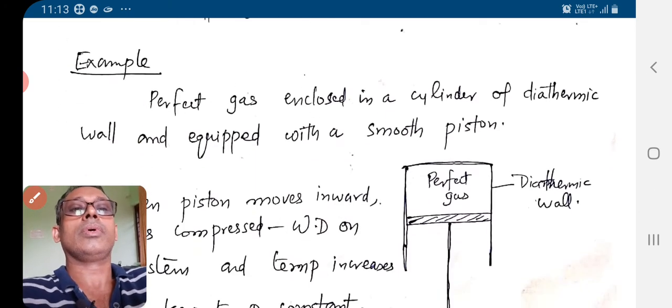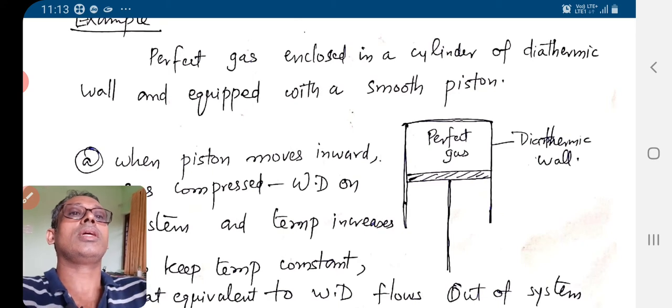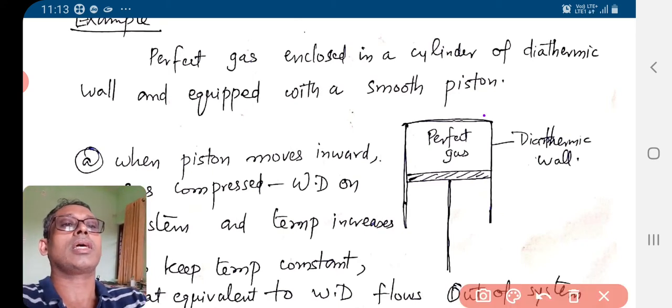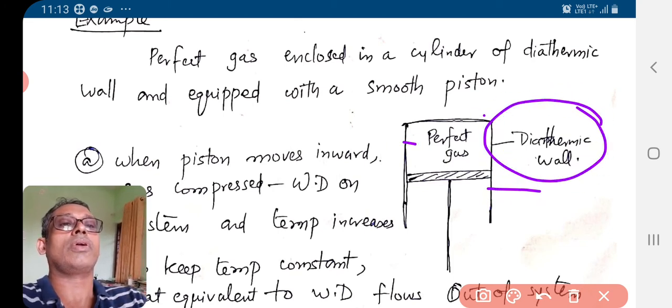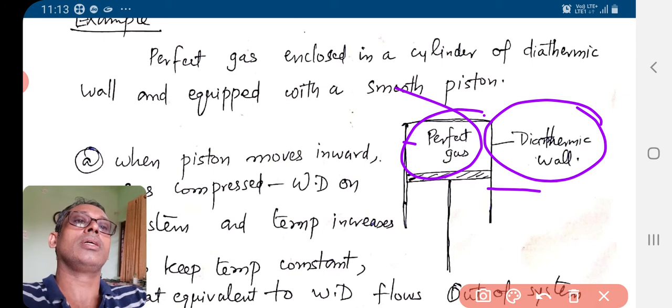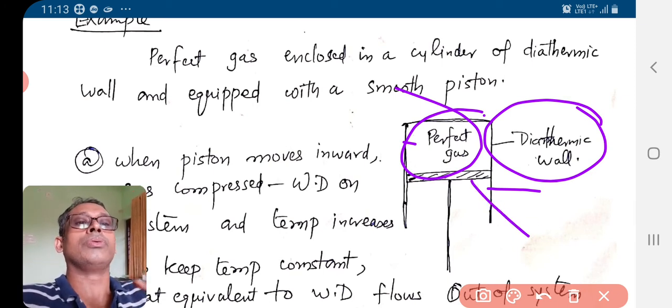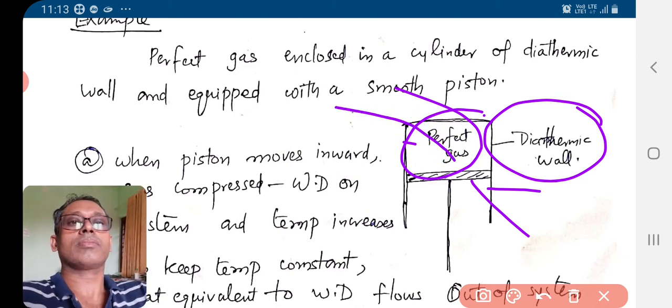Example: we have a perfect gas taken in a cylinder. The cylinder has a diathermic wall. This is the diathermic wall, this is the cylinder. We have taken a perfect gas in the cylinder. This is the piston. When you push the piston inwards, this gas will be compressed.